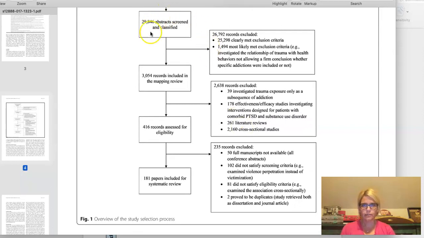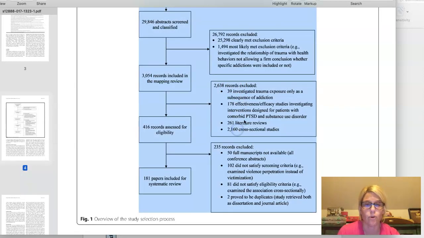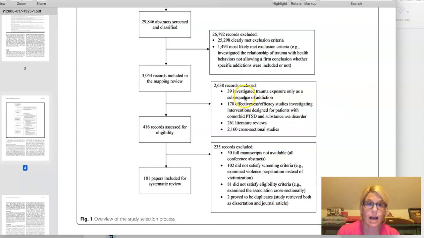So here for the 29,000, you can tell that they looked at the abstracts. Here, I'm not sure, I can't tell exactly if they looked at the abstracts or what, but they had 3,000 articles. They excluded 2,600, and so they give reasons for why to account for all of these.